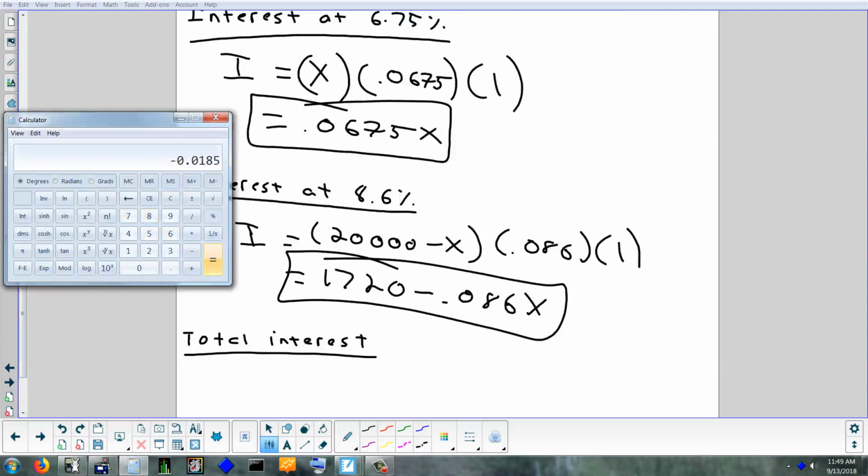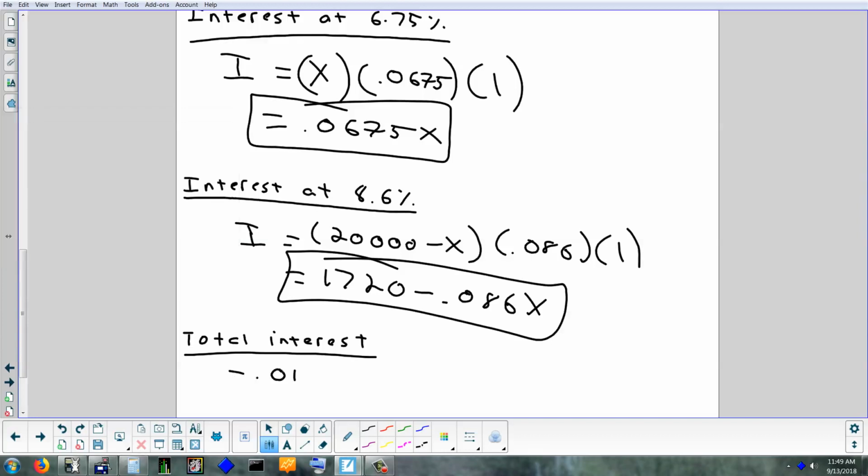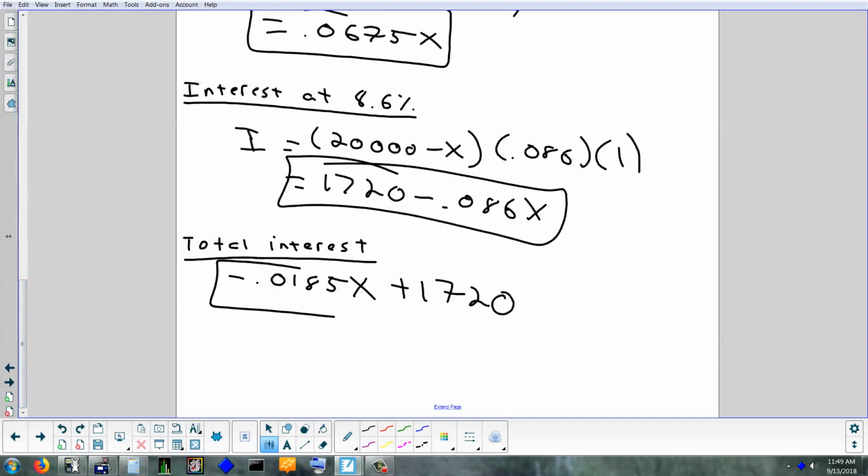So when you combine the x's, you get negative 0.0185x, and then the 1720, there's nothing to combine it with. Okay, so there's a formula to calculate the total interest based on how many dollars are invested at 6.75%.